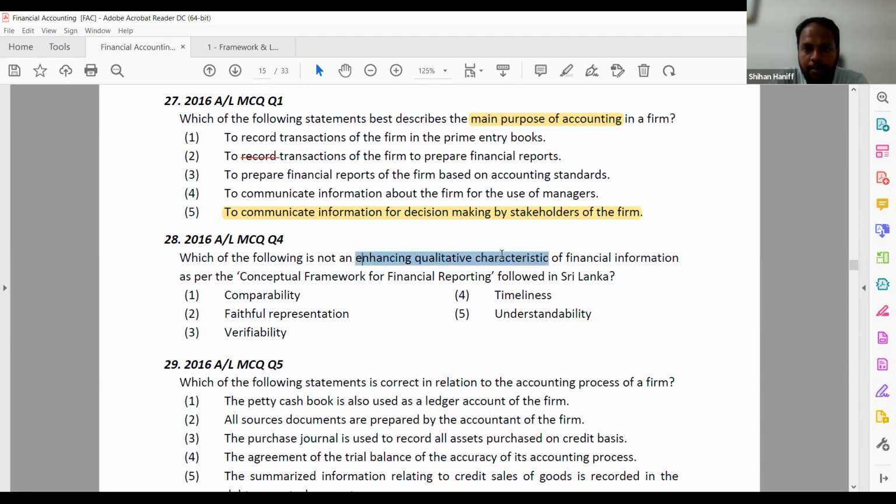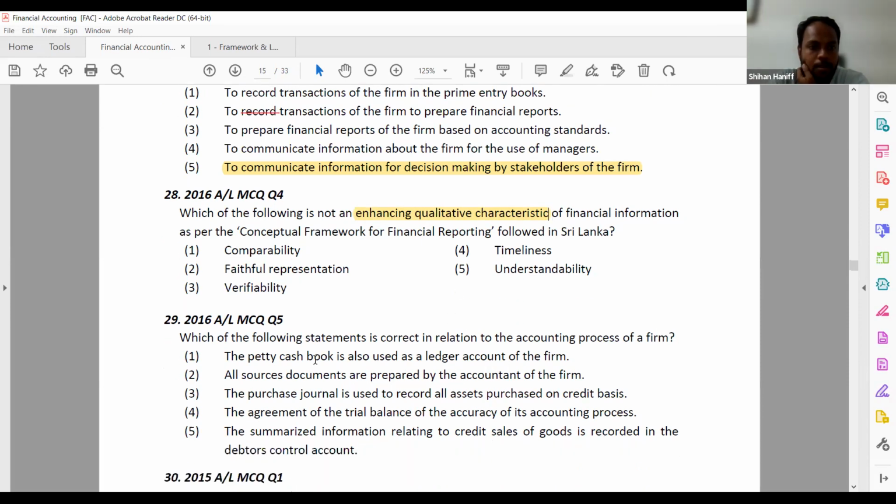Enhancing qualitative characteristics. So we studied what is enhancing, what is fundamental. Question 28, this is faithful representation.